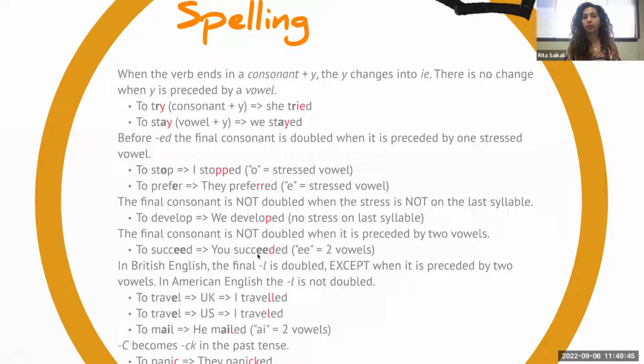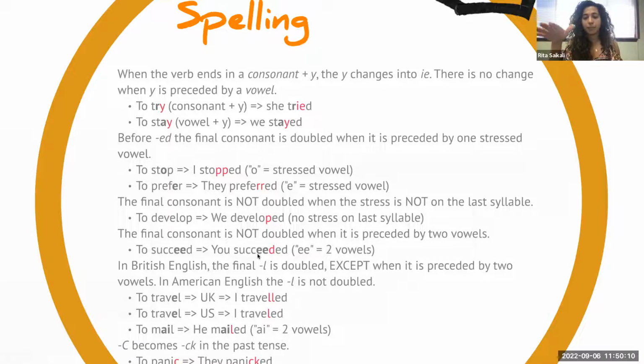So for example, until. Travel, for example, traveled, okay? In British English, it has two L's. In American English, there's one L, okay?